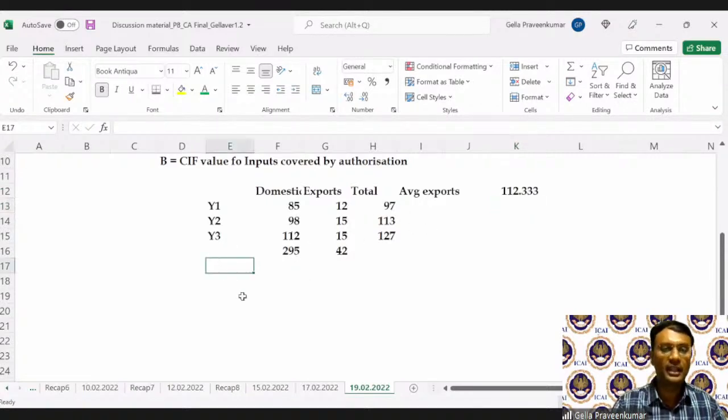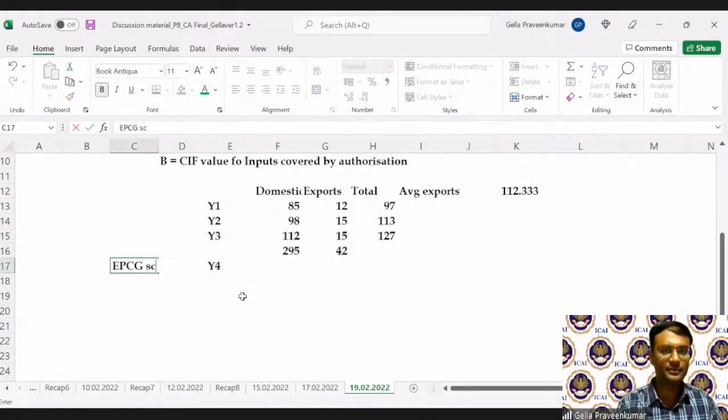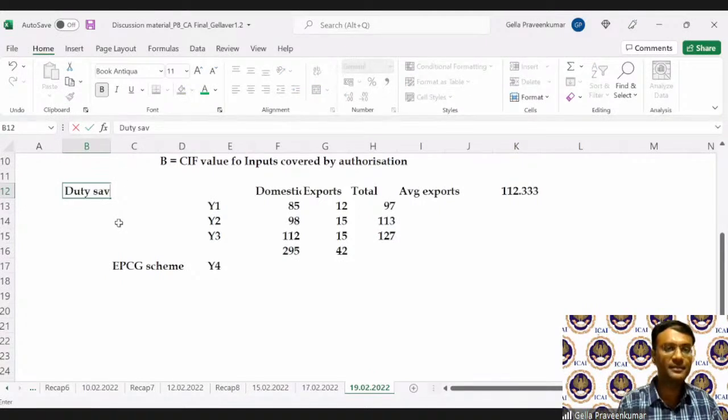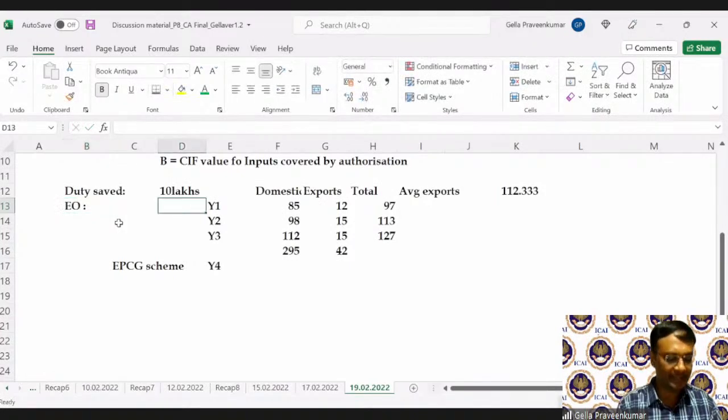Now, in year 4, I'm adding machinery under the EPCG scheme, right? So what the government says, assuming duty saved is 10 lakhs, my export obligation will be 60 lakhs.